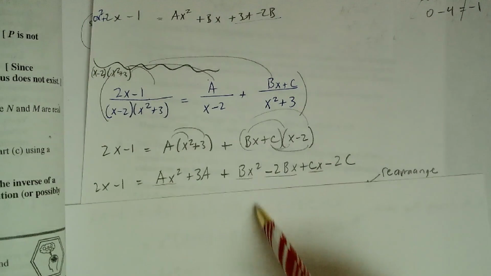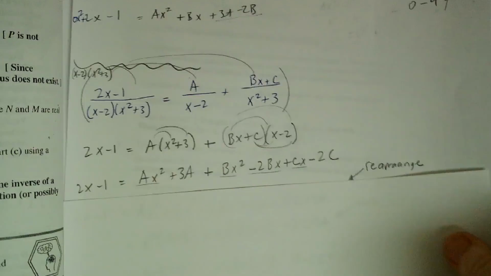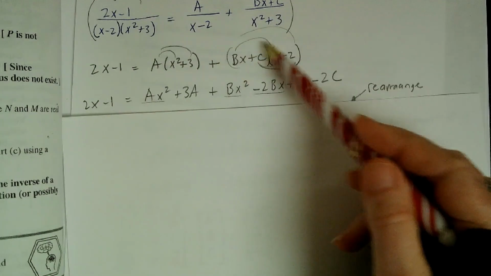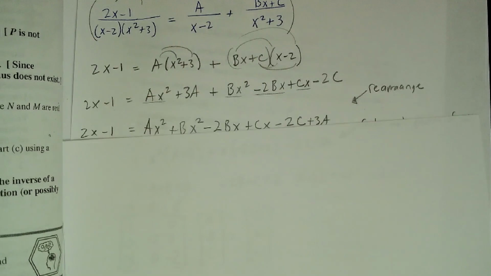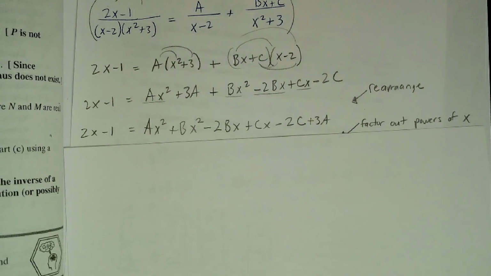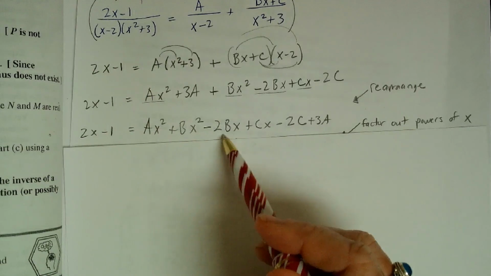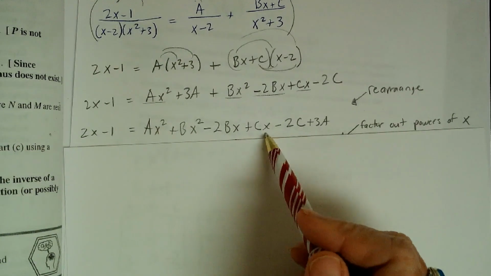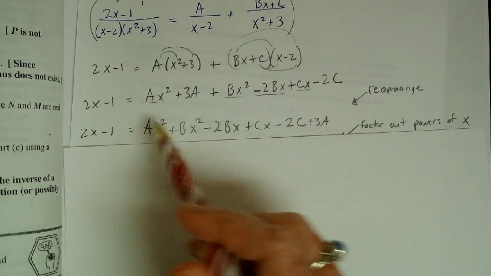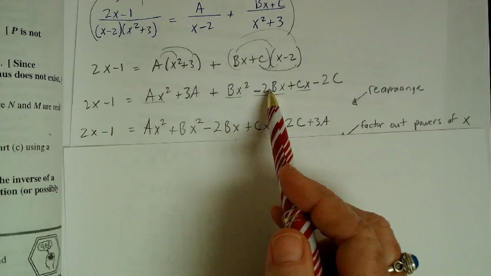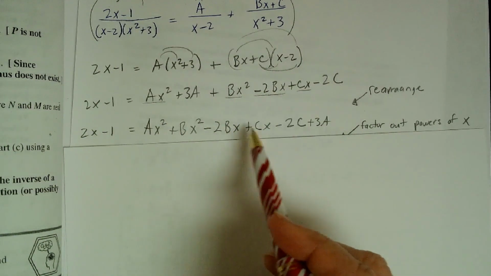Going to distribute. I had to actually multiply this all out like FOIL. Then I'm going to gather all my x squareds together, so they're next to each other, all my x's and all my constants. Do I have all? Okay.